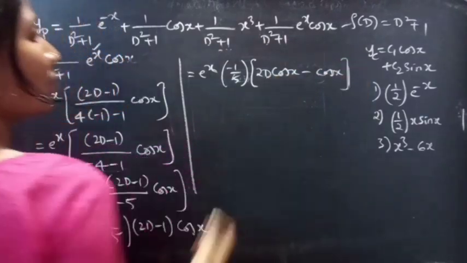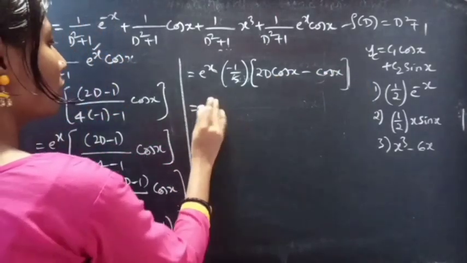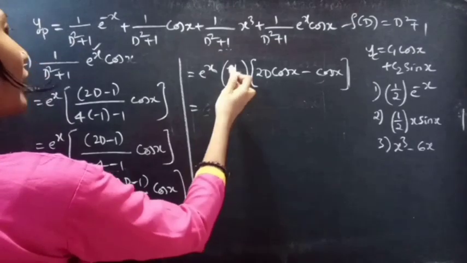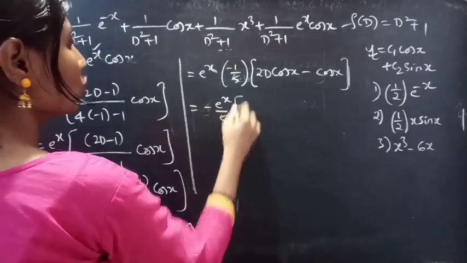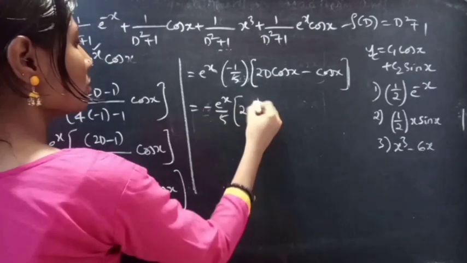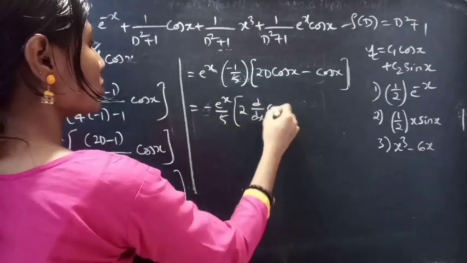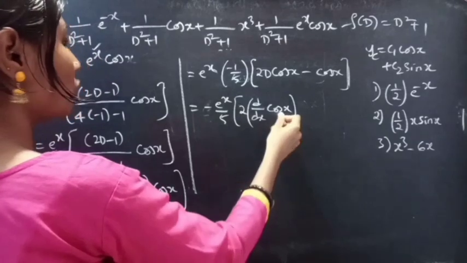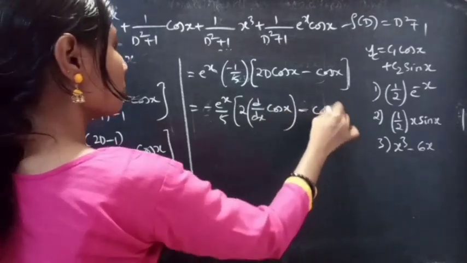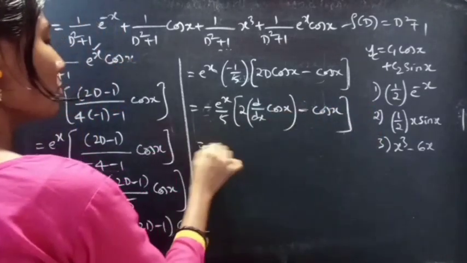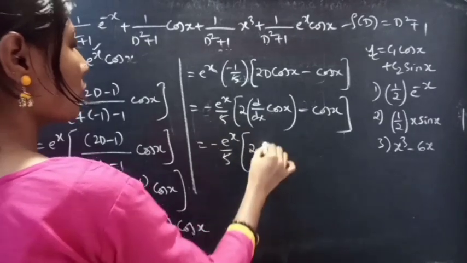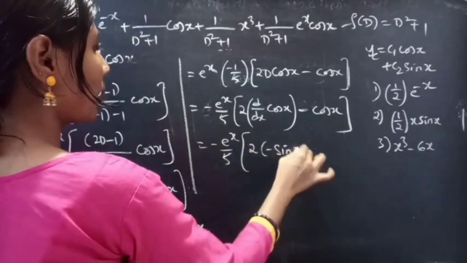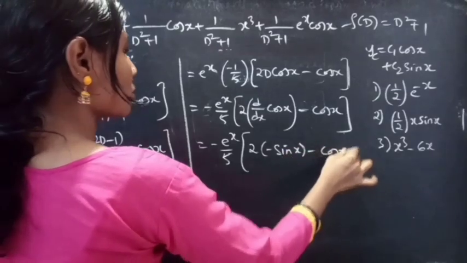We know that d is a differential operator. Here we can write e power x into minus 1 by 5 as minus e power x by 5 into 2 into replace d by d by dx into cos x. Here we need to find the derivative of cos x with respect to x in the next step. This becomes minus e power x by 5 into 2 into derivative of cos x with respect to x, which is minus sin x, minus cos x.